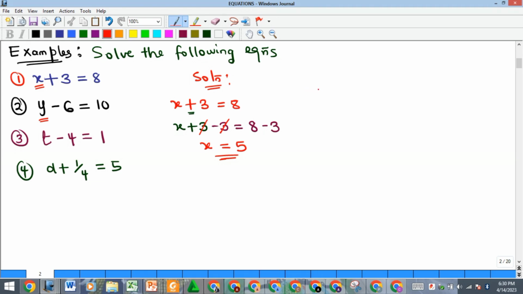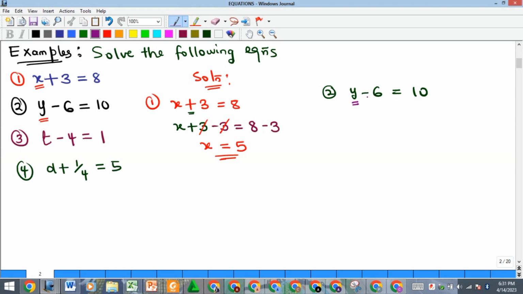And so let's look at the second example. This is number 1. So for number 2, you can quickly see that you have y minus 6 to be equal to 10. So how do you do this? Remember we said the process is to find a way to make sure that your y is alone. And to do that, I just do the opposite of the operation binding the two of them.